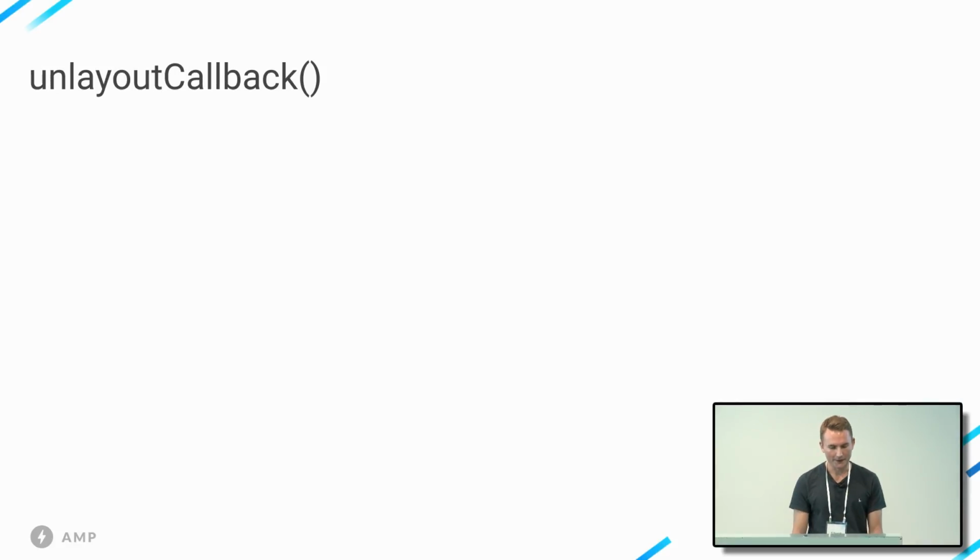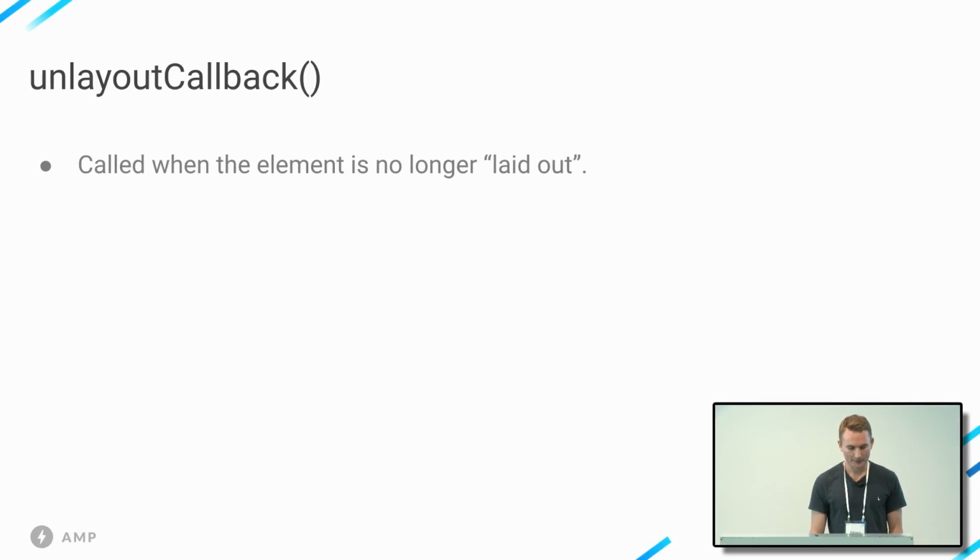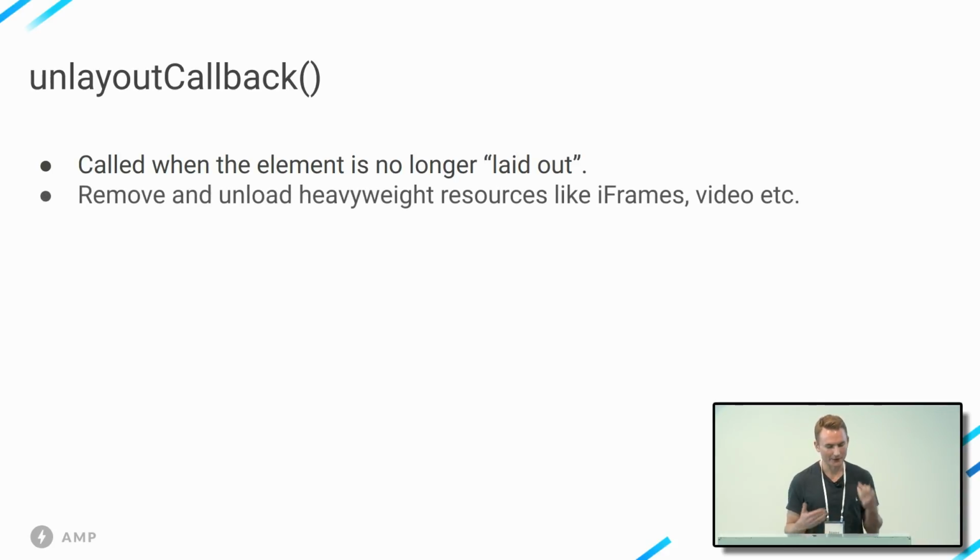The unlayout callback is the next one to look at. This is called when an element is no longer laid out on the page. For example, if we put a component inside a tab on a page, and then the user moved to a different tab, this would be called, and it's a good point at which we should unload any heavy resources, like iframes, video, that kind of thing.